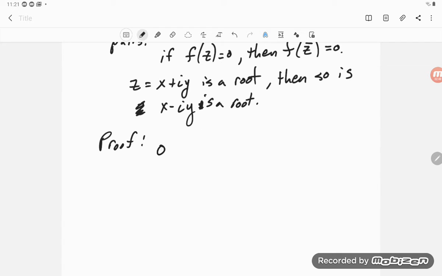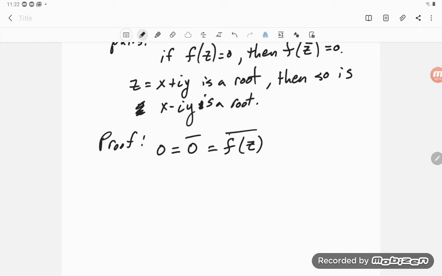We have 0 is equal to 0 conjugate, because it's a real number. But so if we've got a root, then 0 conjugate is f of z conjugate.